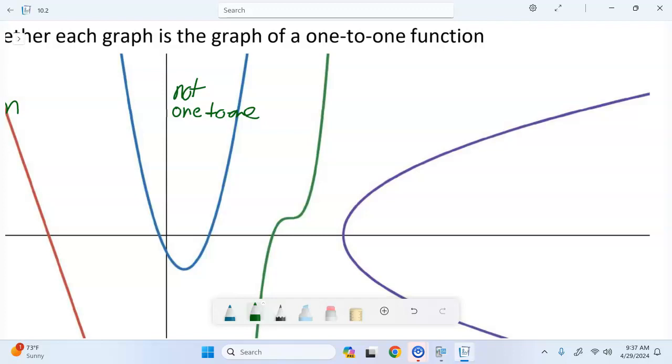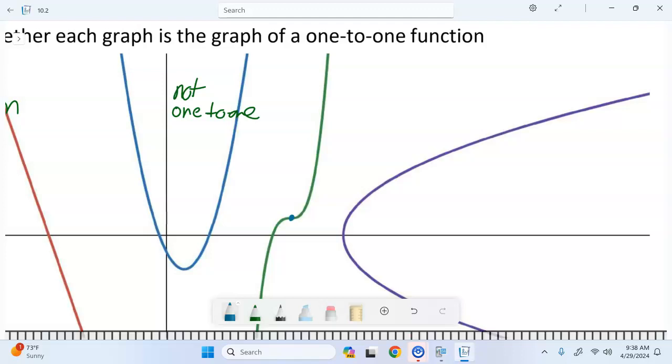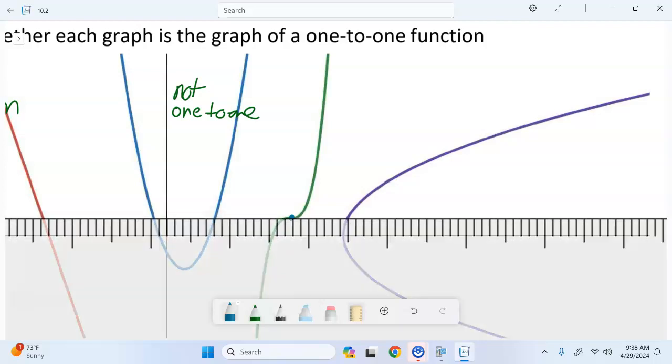Okay? We have a cubic function in green. One-to-one? Depends on how the cubic works. Sometimes they are, sometimes they aren't. This is just a basic x cubed. So while it gets really, really close and levels out there, it's only 1 point at any given time on a horizontal line. So it is still one-to-one.